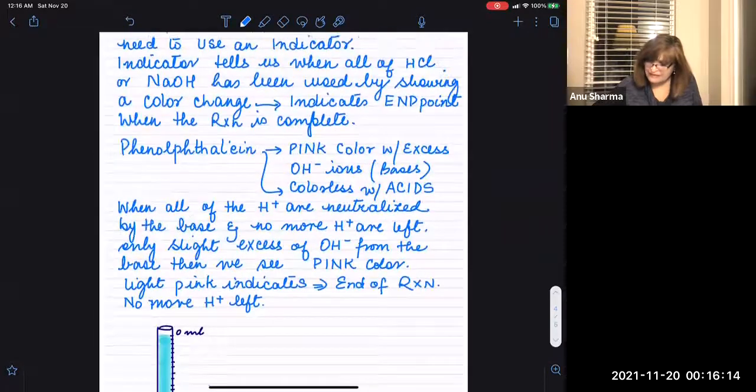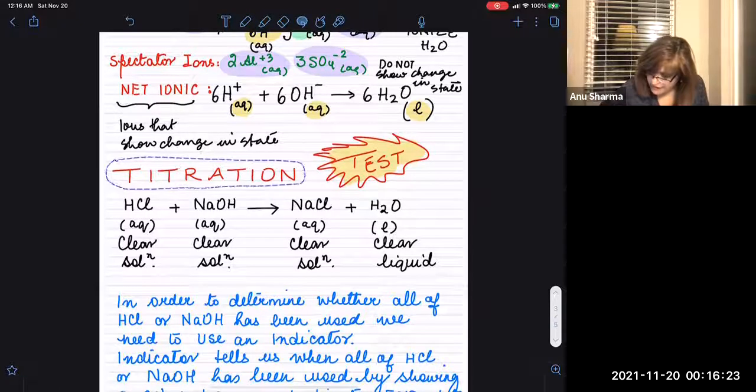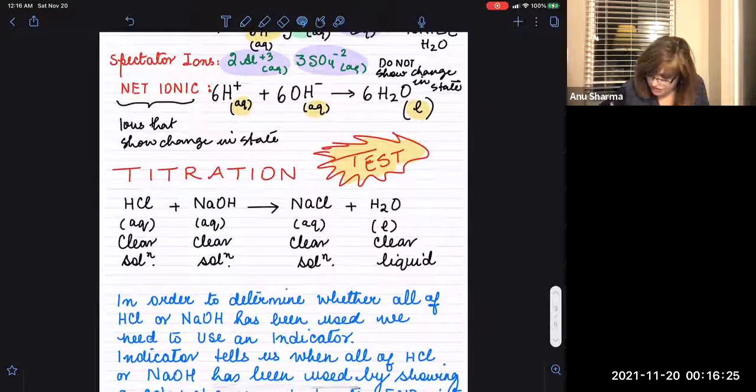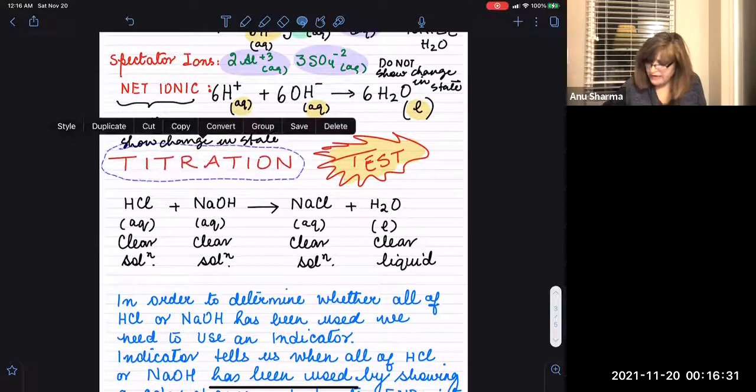So titration is used to find unknown molarities, generally of the acids. So we need to find the molarity of the acid.